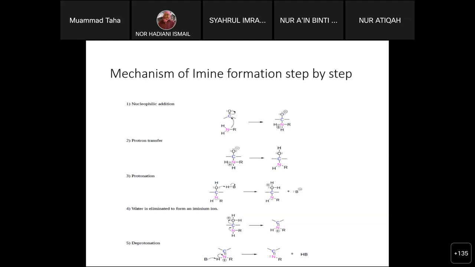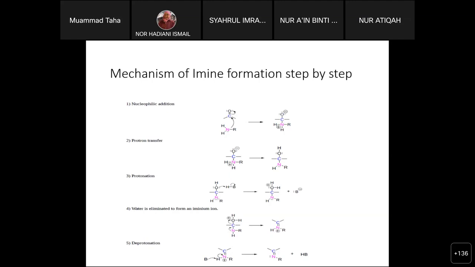In the second step, a proton shift takes place because the nitrogen is positively charged and there is oxygen, which is highly electronegative and negatively charged. So the proton transfer happens and this compound becomes neutral. A neutral compound is more stable as compared to a polar molecule. Again, because these reactions always take place in acidic conditions, acid is always there. This lone pair of oxygen takes a proton again and becomes positively charged.